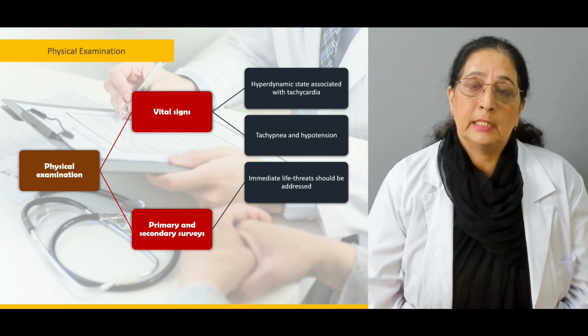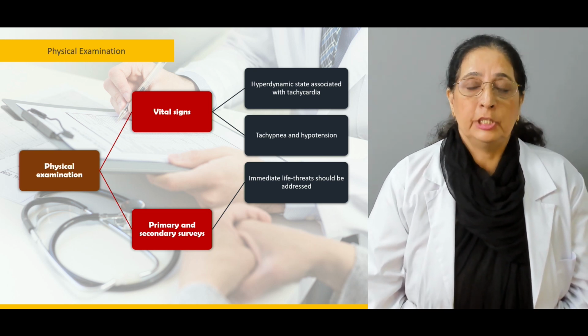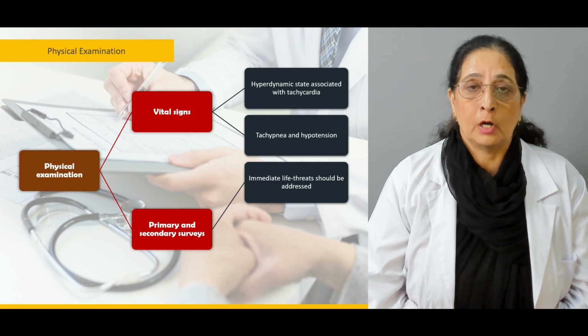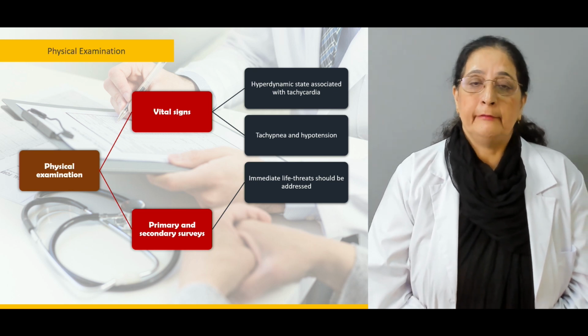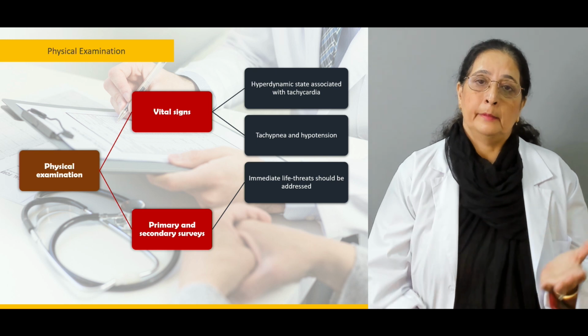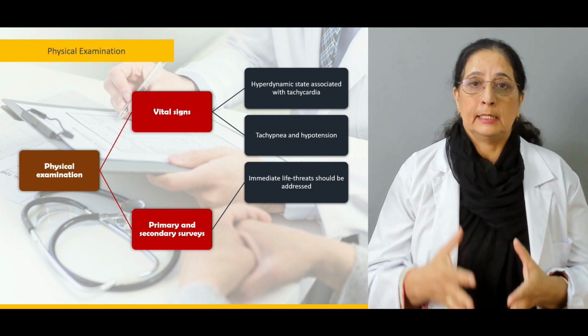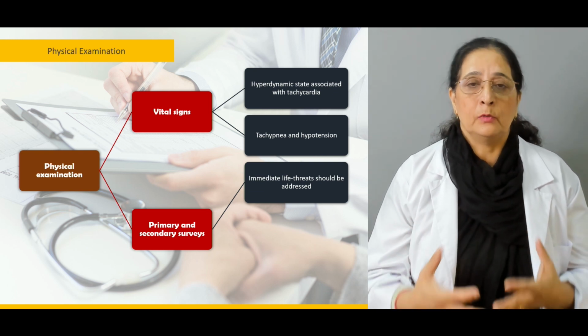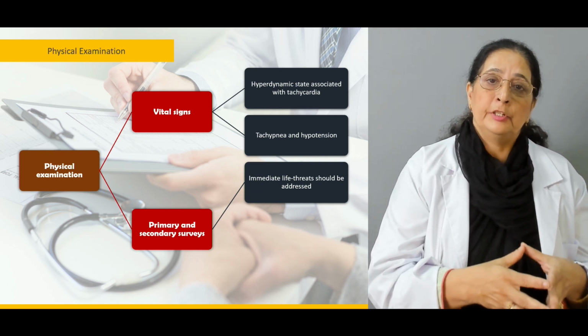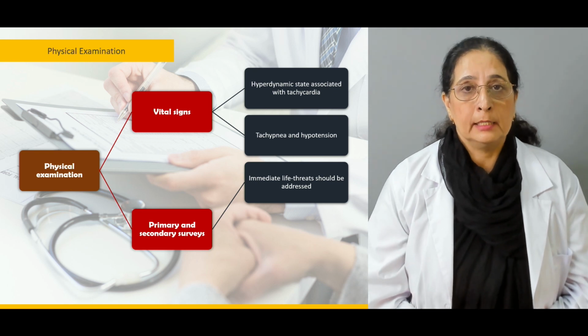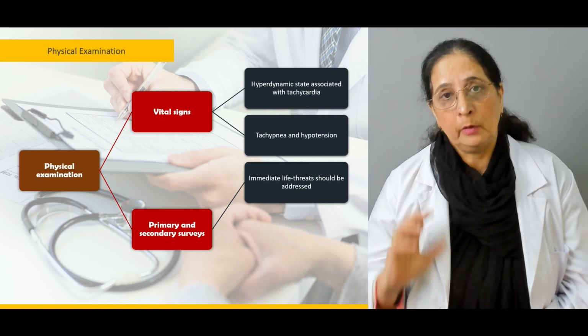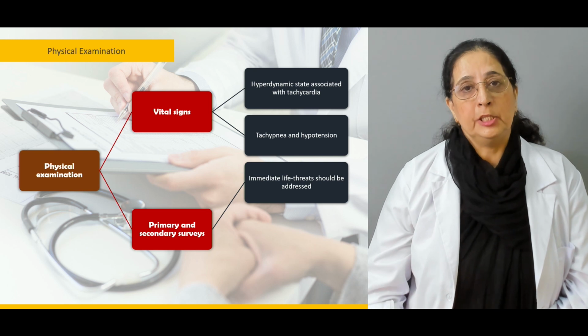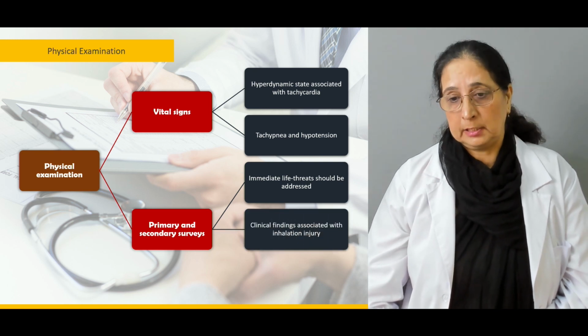If the patient is in very, very poor condition, with hypotension, shock, IV fluids should be given, and the foot end should be elevated. Then if there is difficulty in breathing, the airway is closed, we should do emergency airway opening and tracheostomy. So life-threatening conditions should be managed first.